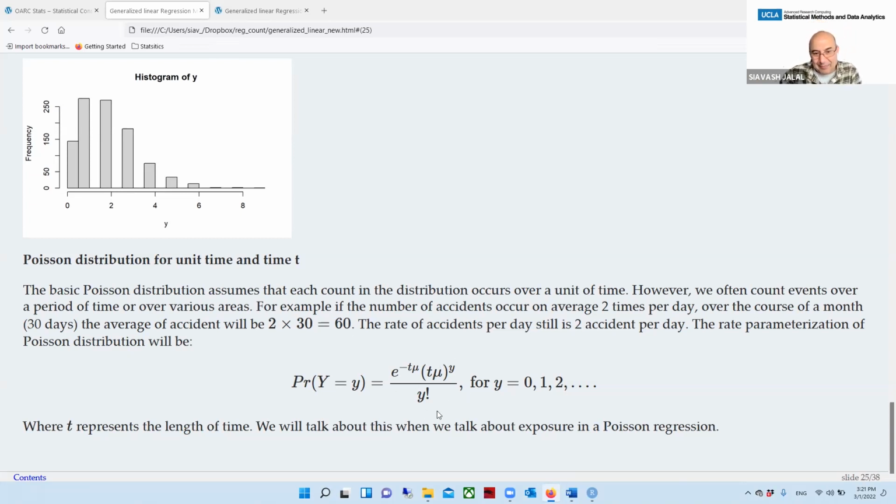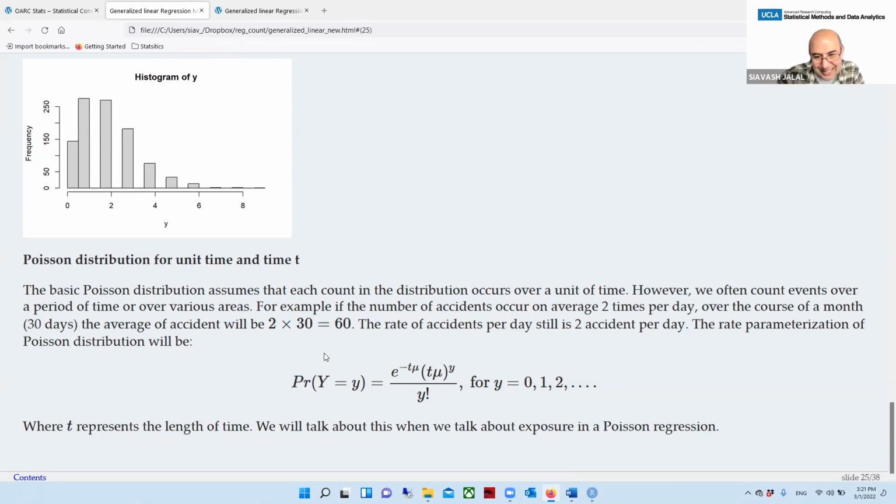So that can be that formula. The formula for that only changes by this t, but the mu is the same mu, right? So the distribution will not change much. The only part that changes is this t times mu, right? But the mu is the mu. And this t is the exposure in a Poisson model.